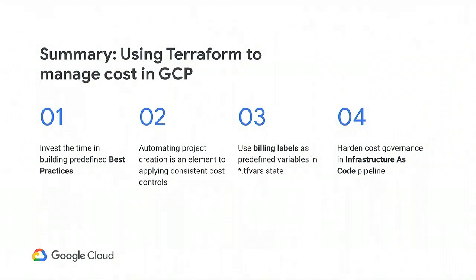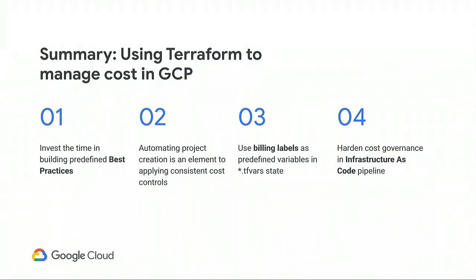Automating your project build. This notion of Project Factory is an excellent place to put a lot of your best practices in control. So really look to the project creation to ingest as many of those best practices as possible. Using billing labels. One of the things that we commonly see is that either the labels aren't being attached in an appropriate way, or they're inconsistent and aren't structured in a uniform way that makes sense to the business.